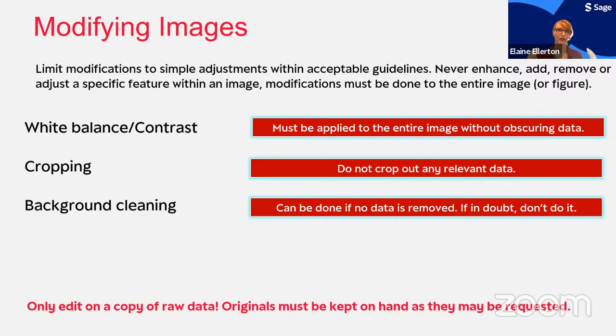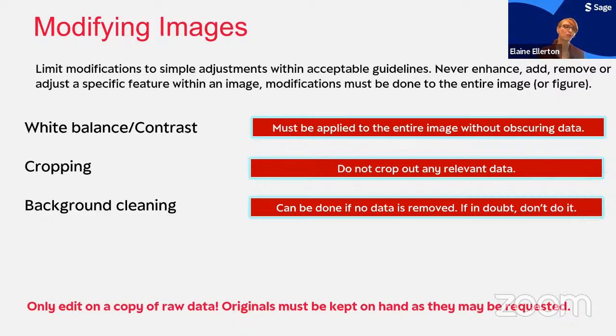Or if you have a panel of figures, let's say you're trying to show fluorescence on an immunohistochemistry panel of cells, you obviously cannot modify one of those images without modifying all of the images. Otherwise, you are manipulating the data, as it were. And I will show some examples of that.